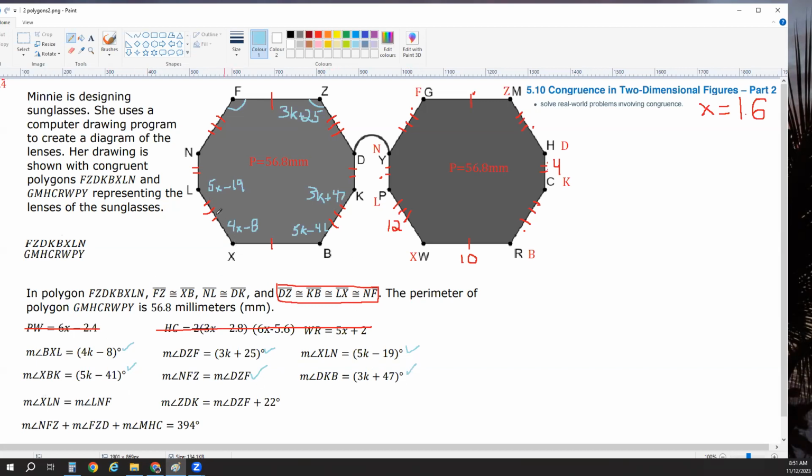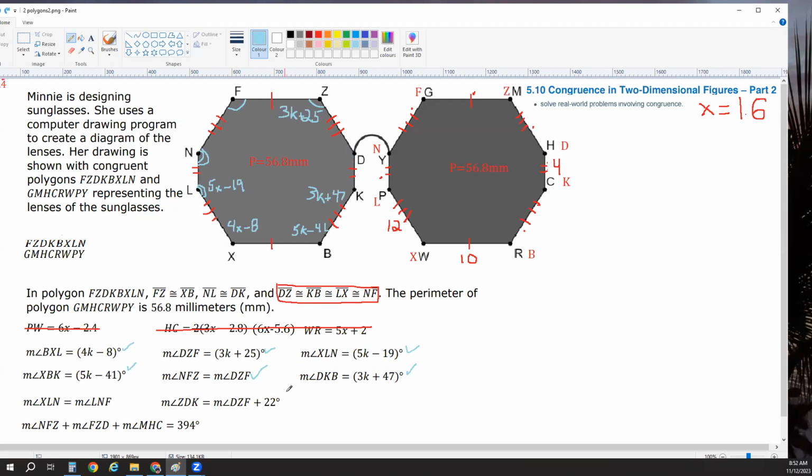XLN is congruent, double arc, congruent to LNF, and these guys here are congruent. That's cool. And then ZDK. The measure of ZDK equals ZDF.